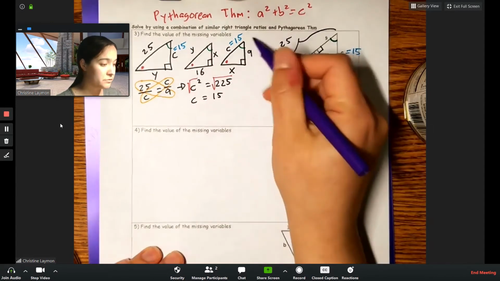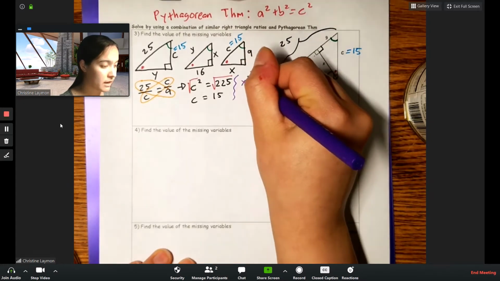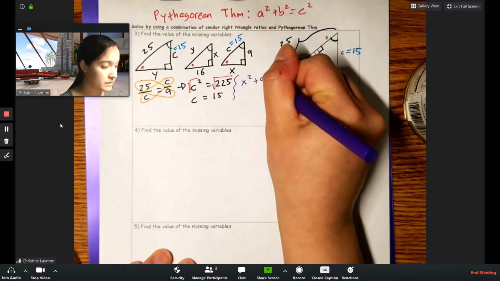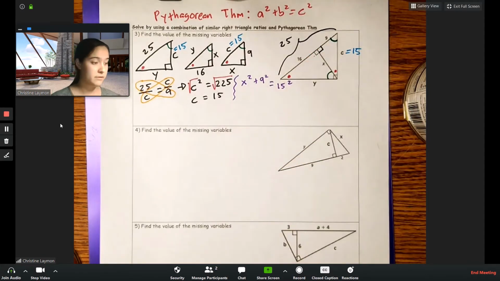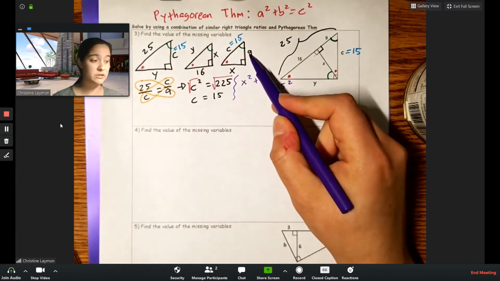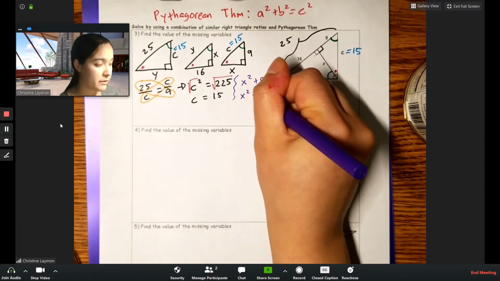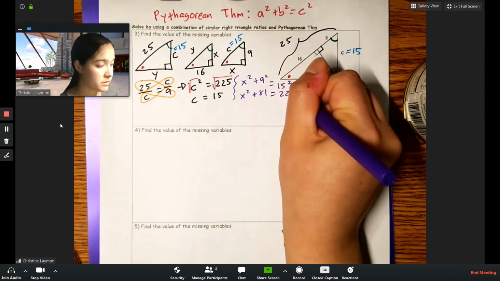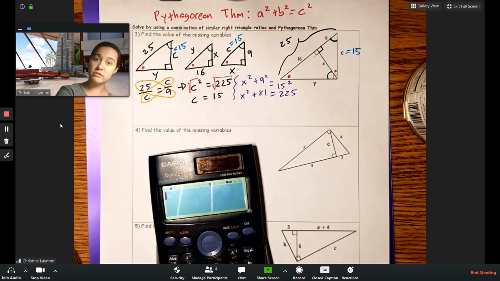Okay, so I'm going to go ahead and solve for x right now. So I'm going to use this one right here. Let me kind of separate it here. I've got x squared plus 9 squared equals 15 squared. Side squared plus side squared equals hypotenuse squared. So I have x squared plus 81 equals 225. And again, I'm going to subtract 81 to the other side.